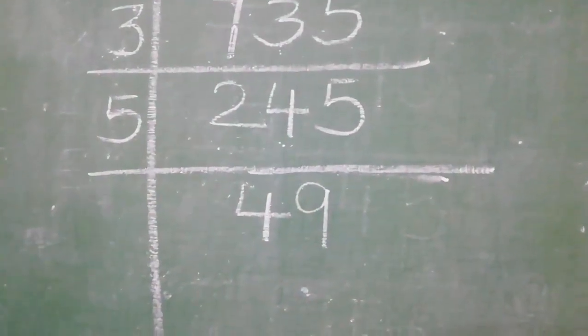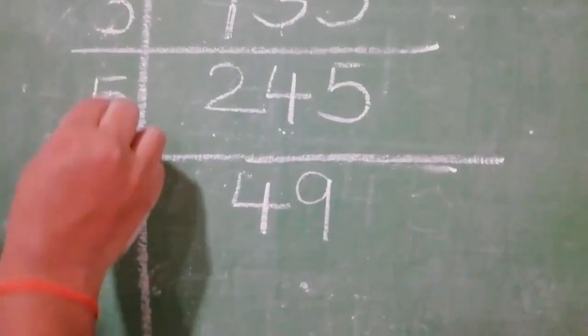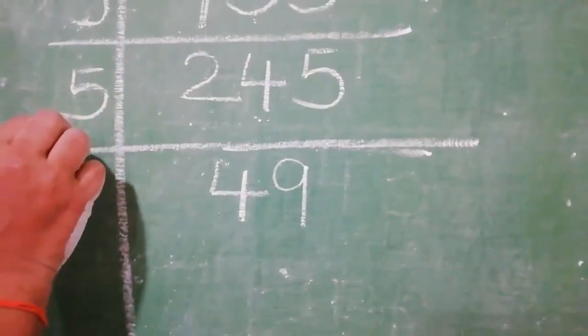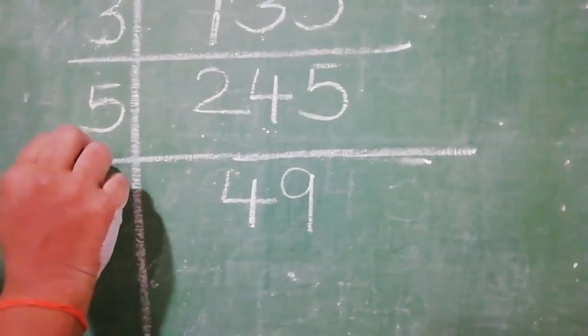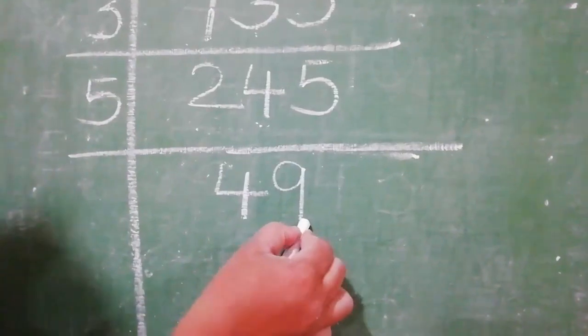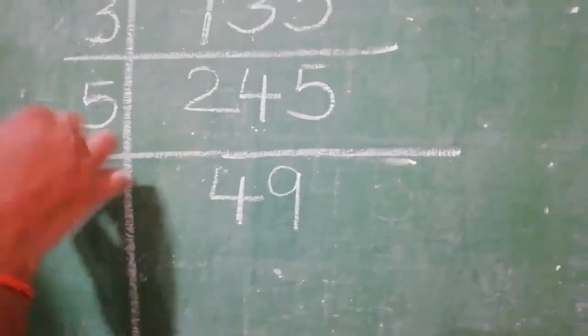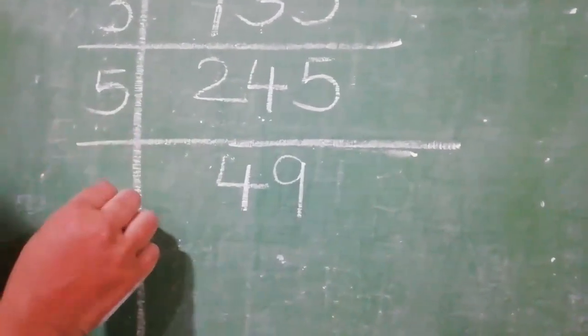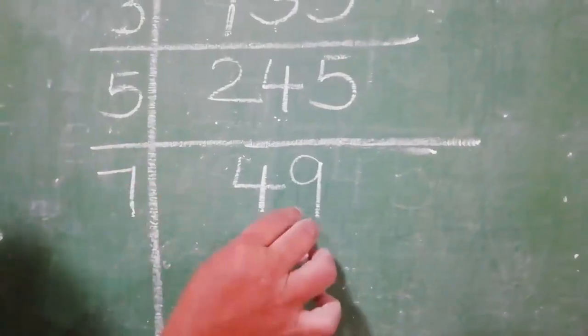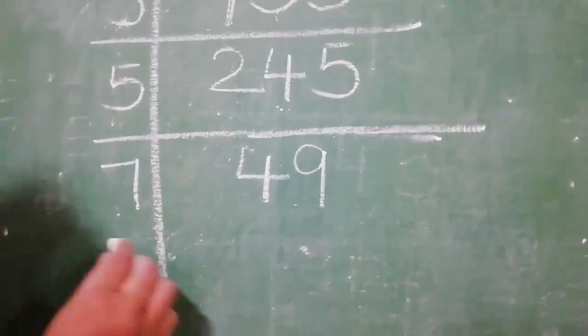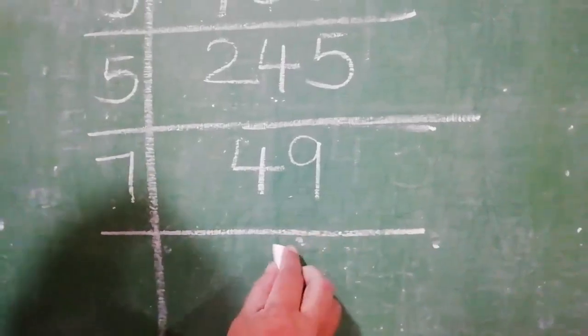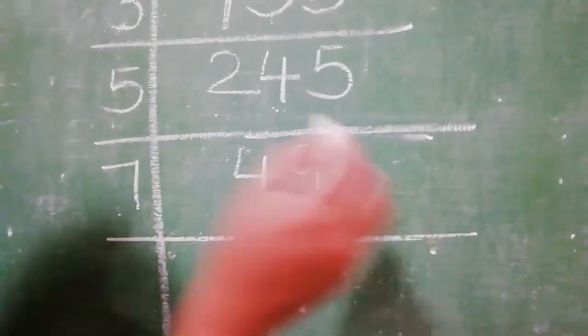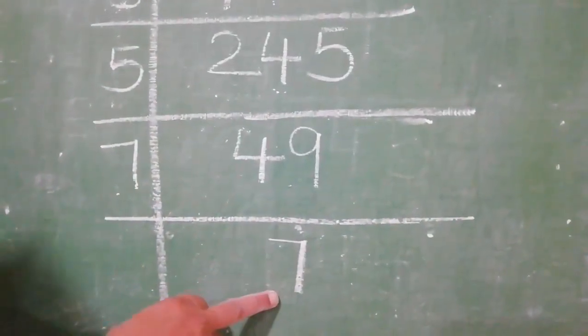Is 49 divisible by 5? No, the number ends with 9. It is not divisible by 5. Go for the next prime number, which is 7. 49 divided by 7: 7 sevens are 49. So a prime number has come.